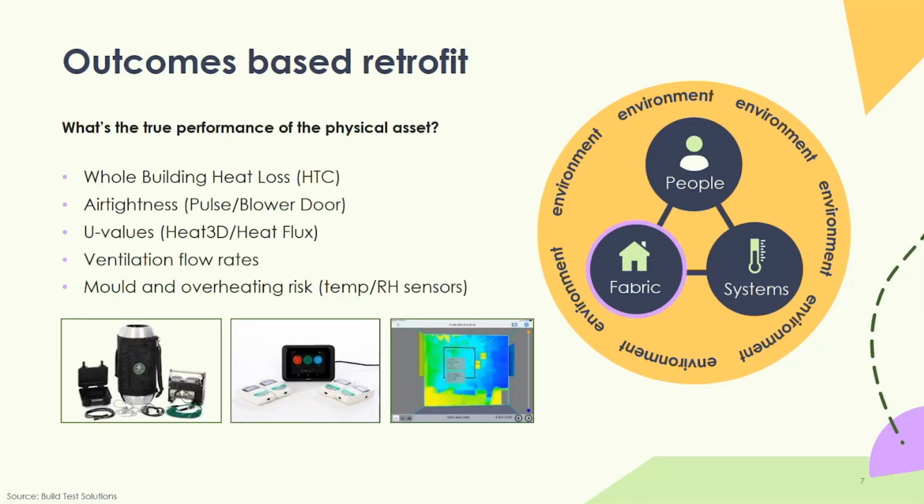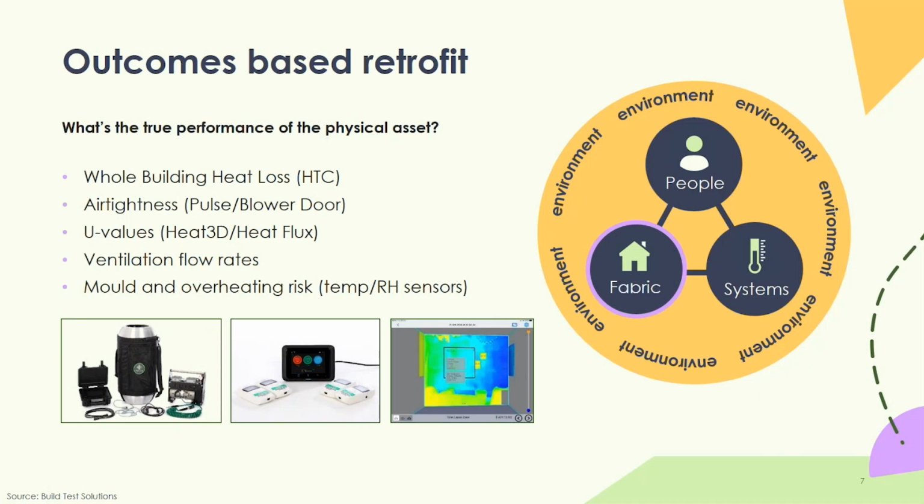So from where I'm coming from, we encourage a lot of focus on measuring and understanding the building fabric in particular. The message here from me is: control the controllables. You can absolutely deliver behavior change programs, you can absolutely monitor environmental conditions and make sure that people aren't underheating or overheating homes.